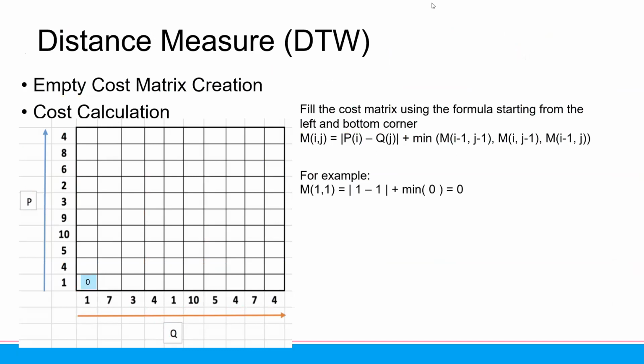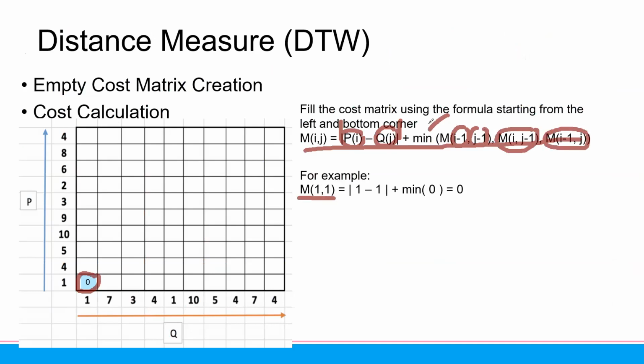The first is M1,1. The value will be 0. We will use this formula. Mij means position i and position j. M1,1 will be the absolute value of P1 minus Q1, plus the minimum of M(i-1, j-1), M(i, j-1), and M(i-1, j).